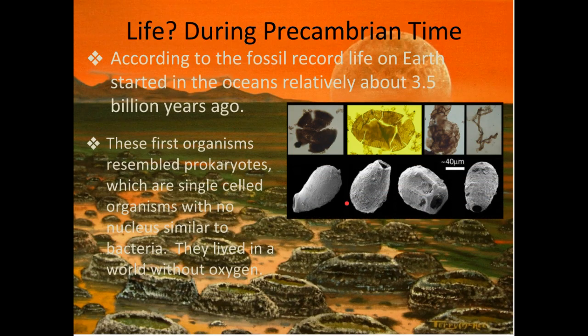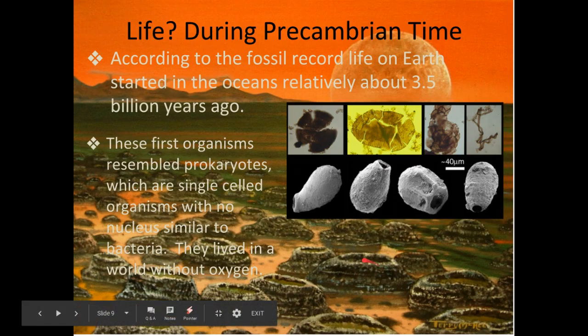Here are some of the oldest fossils we've ever found of some single-celled organisms that did not live with any oxygen. And this picture here shows stromatolites, which are kind of like colonies of bacteria, which actually wasted oxygen and are theorized to maybe even have created our atmosphere.